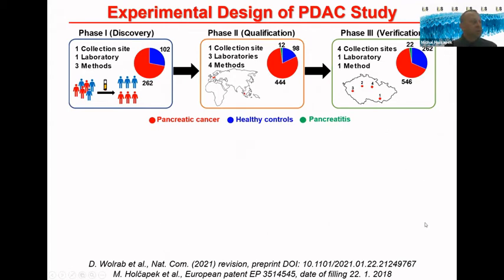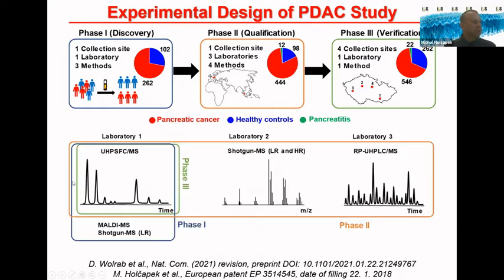So here you may see our most successful study of pancreatic cancer, which was divided into 3 different phases called discovery, qualification, and verification. We started here with this number of samples measured just in my laboratory, it means laboratory number 1, using 3 approaches: SFC, MALDI, and shotgun.